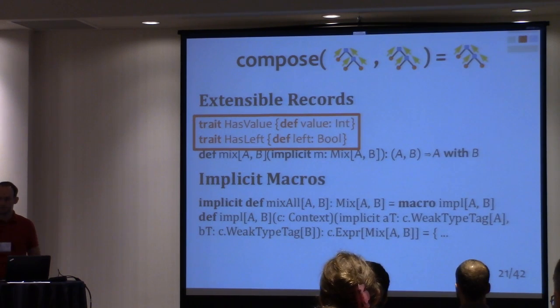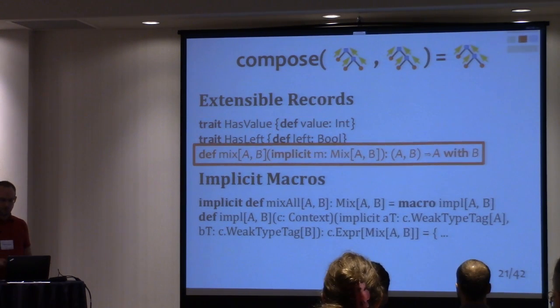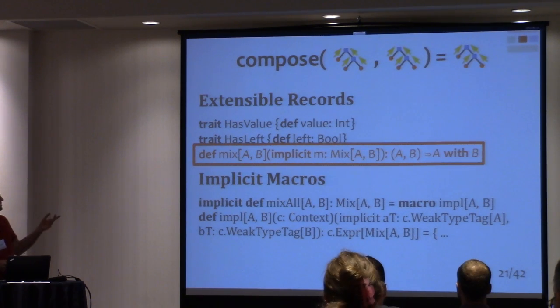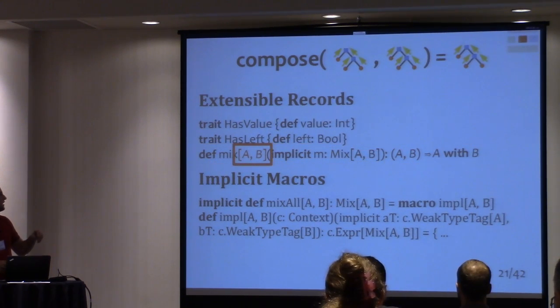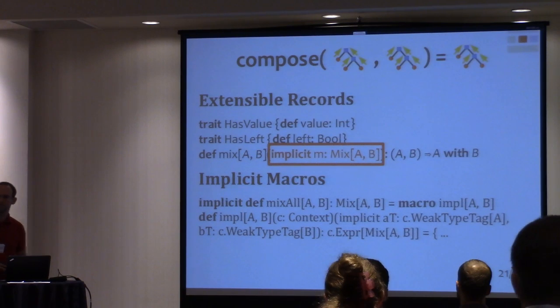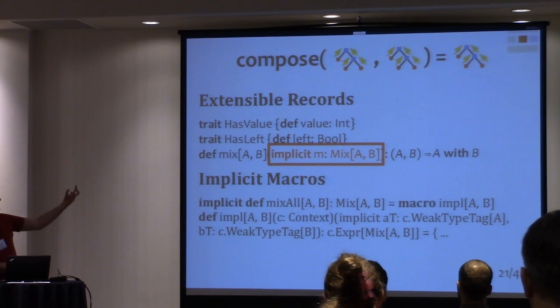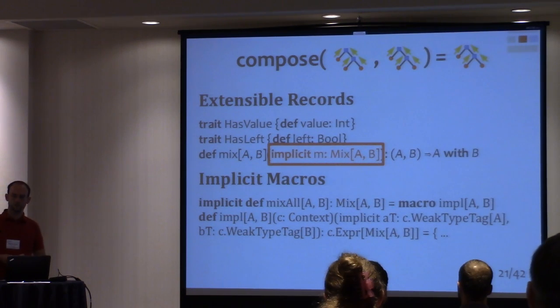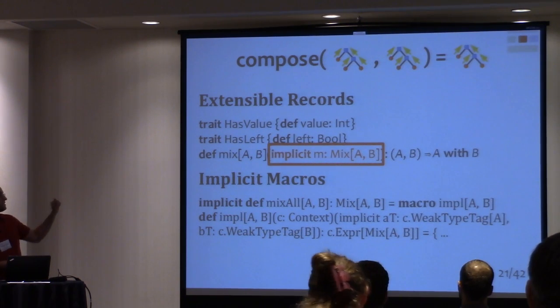And now at some point in the traversal, we would like to merge a value that has left and a different value that has value into one thing. So we do this with this mix function. It works for arbitrary types A and B, provided it's actually implemented for these types. This is an implicit argument, which is similar to a type class constraint in Haskell, if you know Haskell better than Scala.